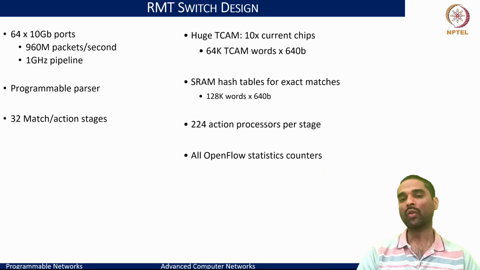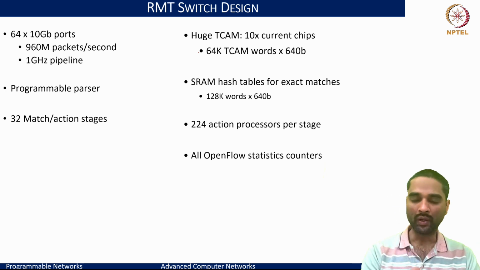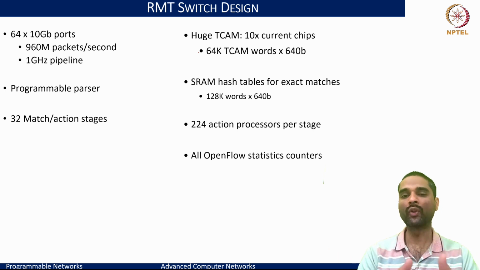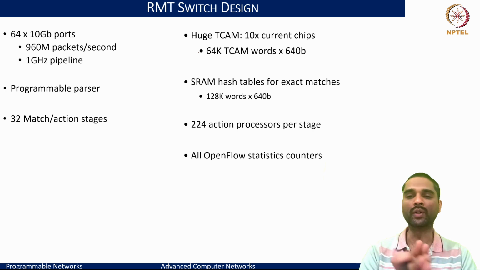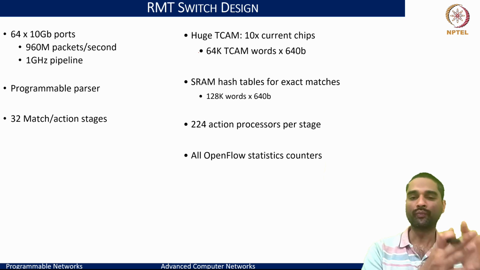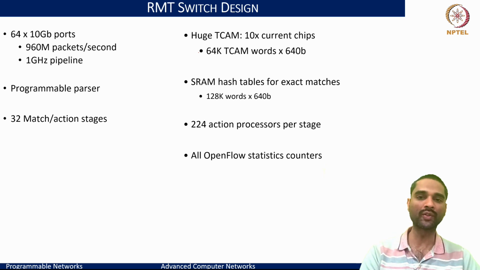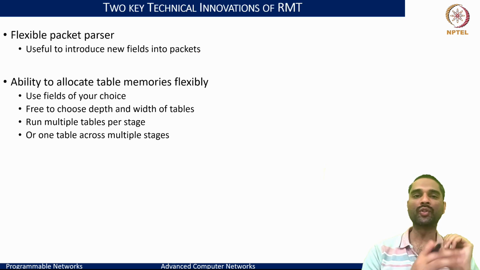And overall, the processing at each match action with 32 stages on the ingress and 32 stages on the egress requires 224 action processors set up per stage. So on the ingress per stage, you had 224 action processors that they would use to keep either the counters, take specific actions, and likewise. And this was the switch design.